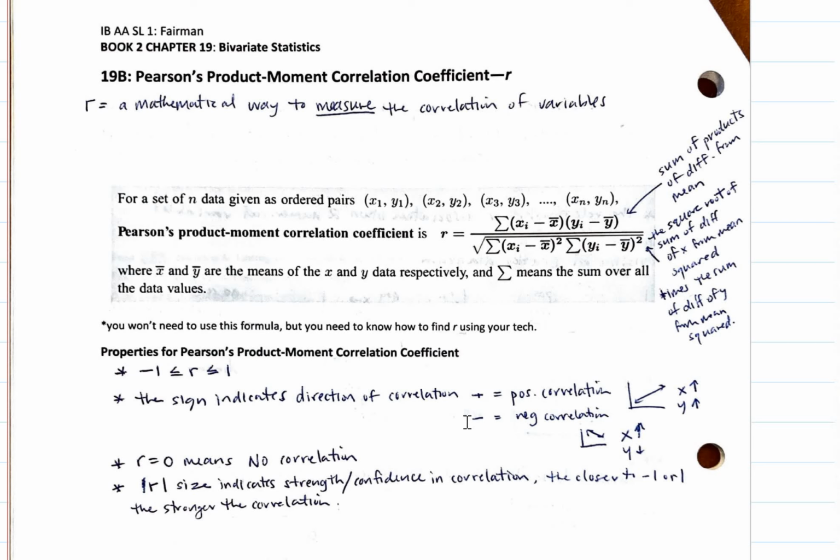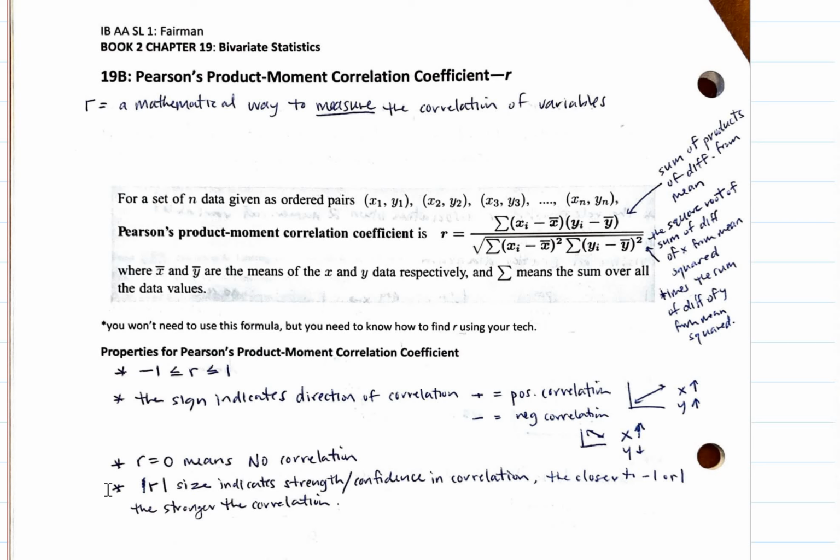And if it's a negative number, that's a negative correlation, so that as X increases, Y decreases. If R equals 0, that means there is no correlation whatsoever. And the absolute value of R indicates the strength or the confidence in your correlation. So the closer the number is to 1 or -1, the stronger the correlation.